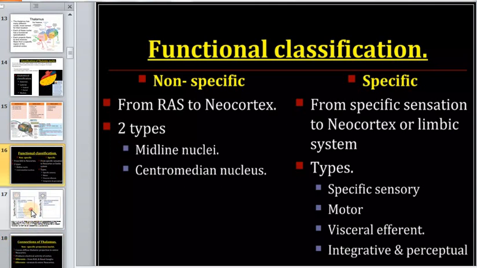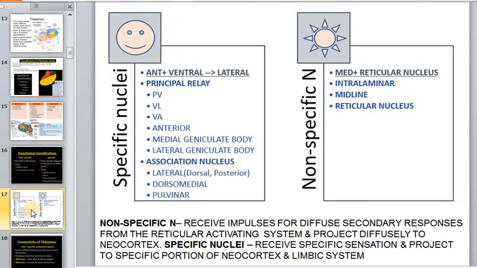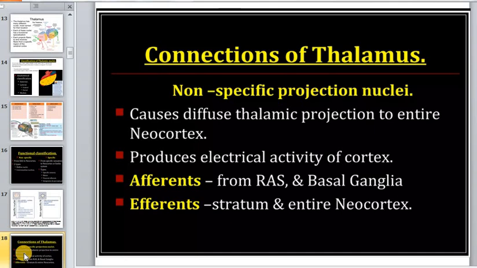So what do we have? We have non-specific nuclei. Start from the non-specific nuclei. These nuclei receive impulses from diffuse secondary responses from the reticular activating system and project diffusely to the neocortex.